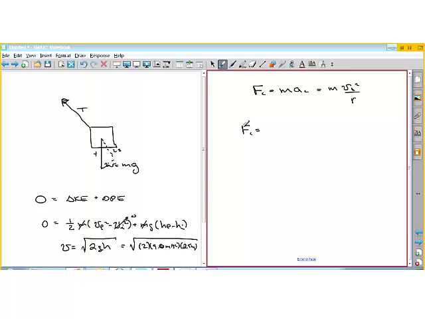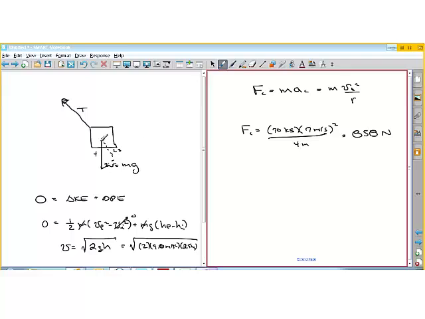So the centripetal force is the mass, and the mass of the person is 70 kilograms. The tangential velocity is 7 meters per second. We square that, divide by the radius, which is 4 meters, and we'll get 70 times 7 squared, which is 49, divided by 4, and I get 858 newtons.